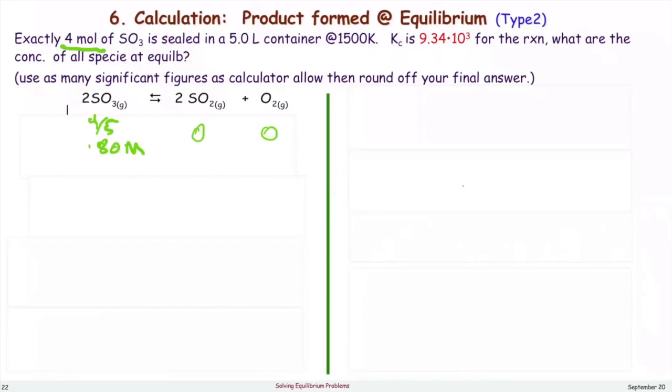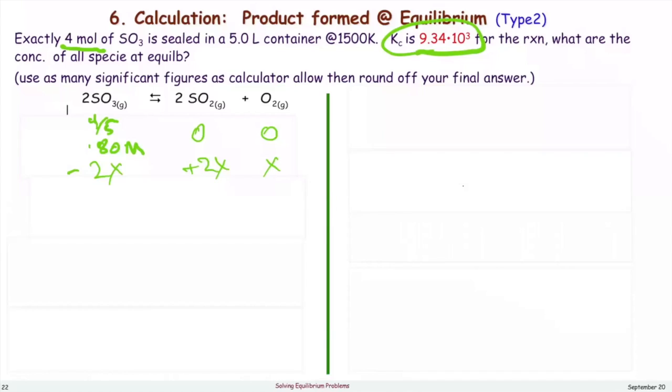And then during the course of the reaction, this is going to be minus 2x, this is plus 2x, this is x. But look at the Kc. Kc tells you that the reaction has an order of about 9,340. It basically tells you that the reaction goes pretty much far to the right.